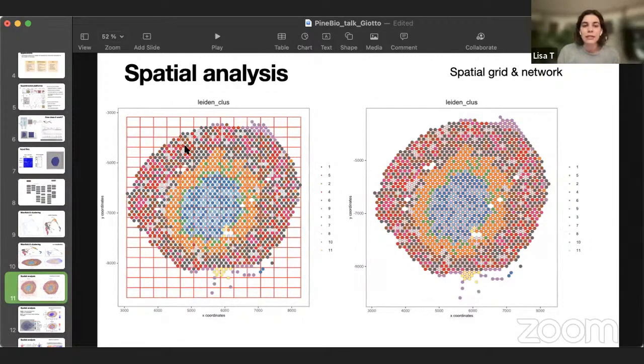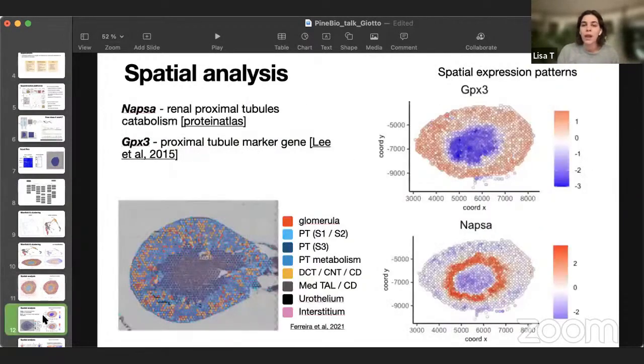In the case of a grid, the expression will be summarized inside the grid. And in the case of a network, it will remain at single cell or single spot resolution. And this allows us to run spatial gene search.